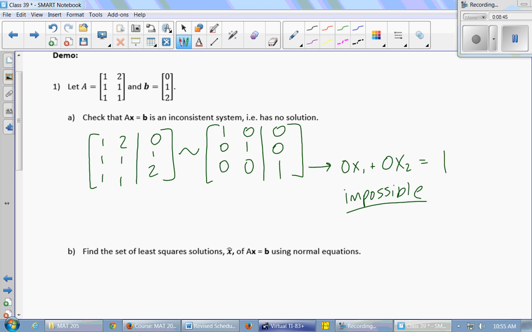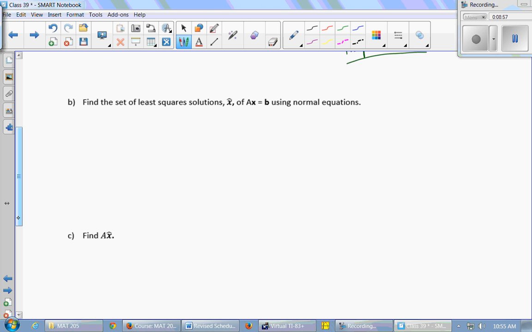So what we're going to try to find is x hat, the least squares solution, that's going to make Ax as close as we can make it to B. So to find the least squares solution, we're going to use the normal equation that says A transpose A x equals A transpose B, and we're solving for x.